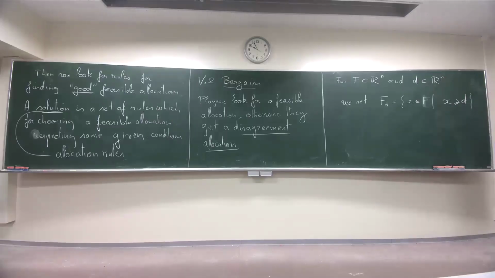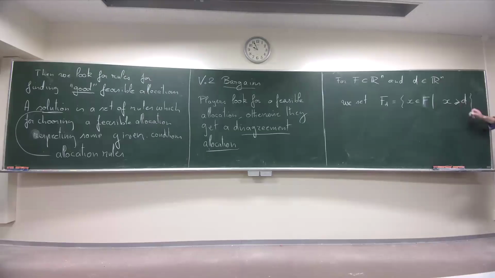So it means each component, this is a vector, it has n components. And I look at each component, and each component xi has to be bigger than the component di. So this is this notion of F_D.